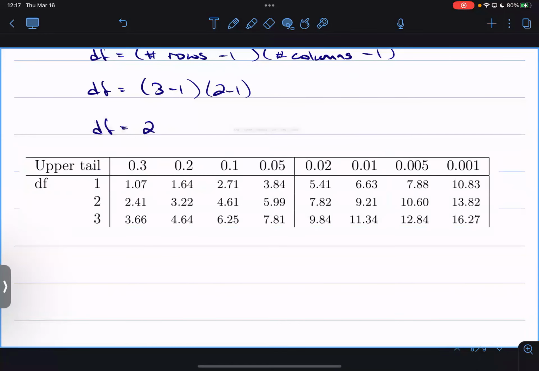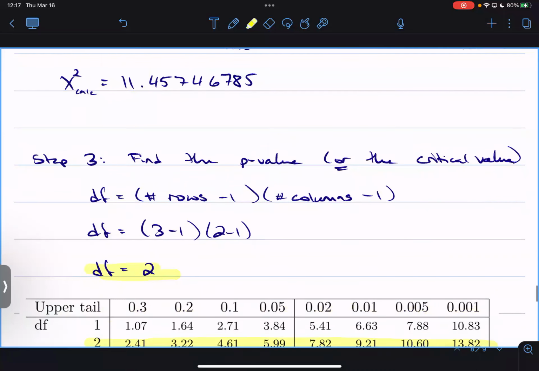So now, once you have your degrees of freedom, you're stuck on that line. Everything else you can ignore. 2 degrees of freedom. And we had a calculated value of 11.45 or 46 if we round to 2 decimal places.